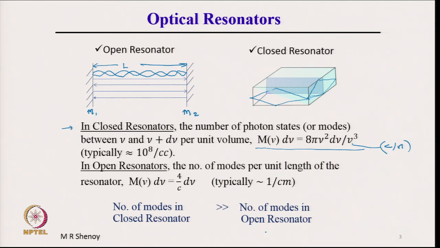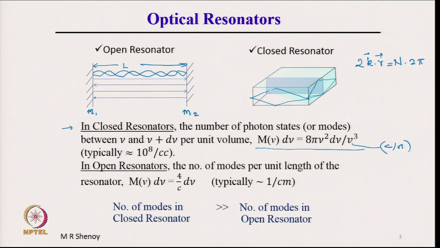This density of states or density of modes can be derived by first working out the standing wave condition, which means you should have 2 k dot r equal to some integral multiple of 2 pi.